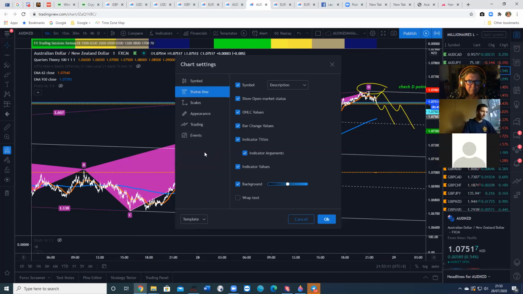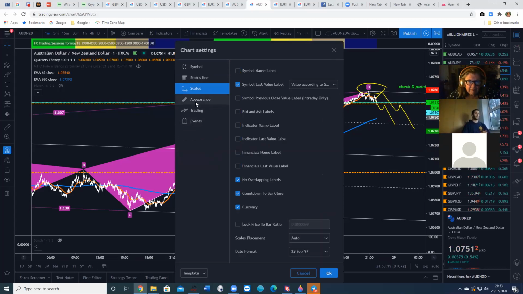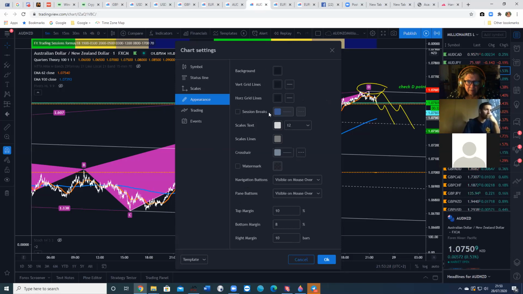So if you haven't been in there and done anything with that, there's no reason why that's going to do anything. Scales, I've got the similar to you, I think. Symbol last, I never set anything on here. I just left it as it was. I've got auto, it's the same sort of thing. Appearance, scales, text, lines, crosshair. It's nothing there. Trading.